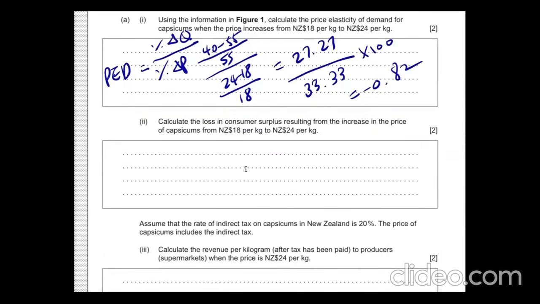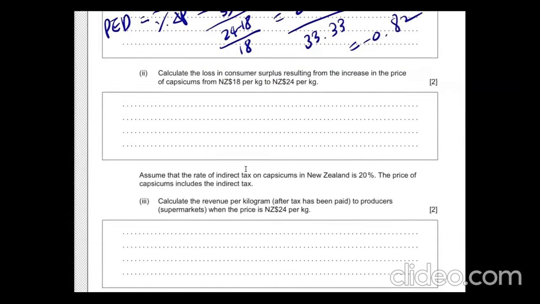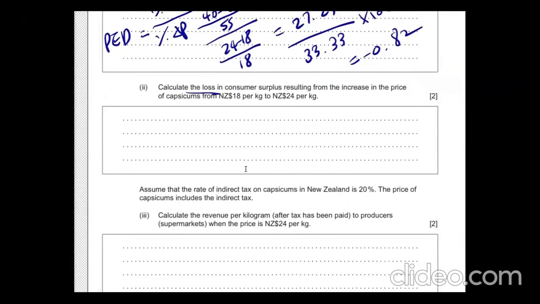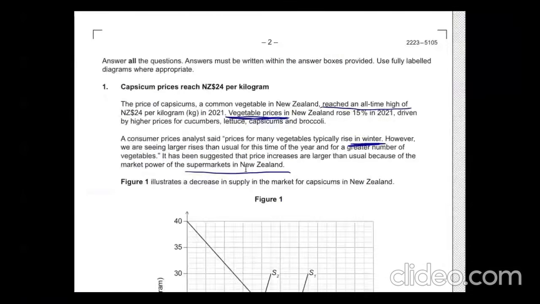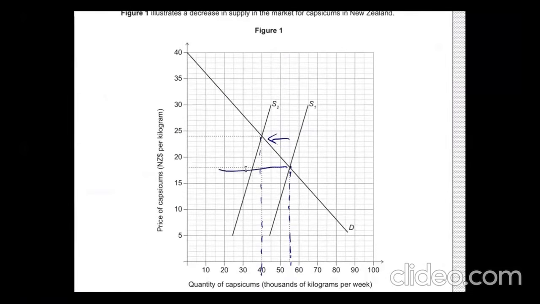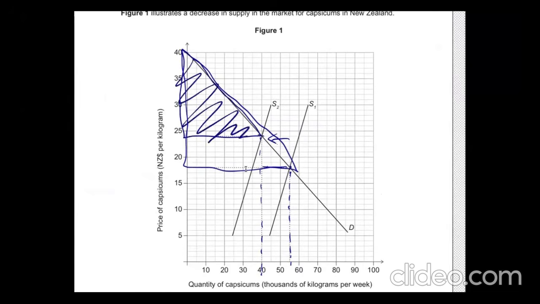Question A2. Calculate the loss in consumer surplus resulting from the increase in the price of capsicums from 18 to 24. Loss is something which has gone. The previous consumer surplus would have been the size of this much, but now it is decreasing to this much. So what I have to focus on is this place, which is a loss.